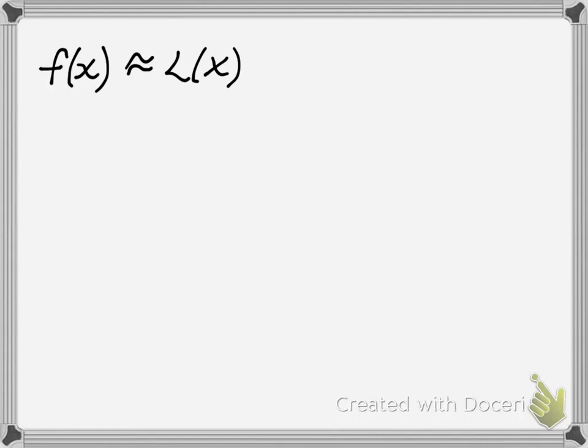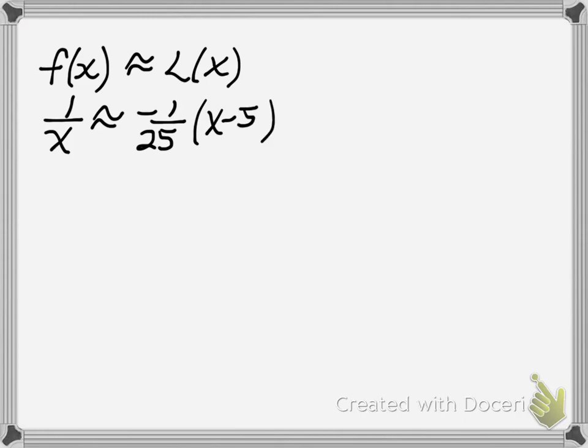So in our case here, our complicated function was 1 over x, and we're saying that we can estimate that function 1 over x with the equation of the tangent line that we just wrote, which was negative 1 over 25 times the quantity x minus 5 plus 1/5. And this tangent line is going to be a good estimate for the function when x is near 5.